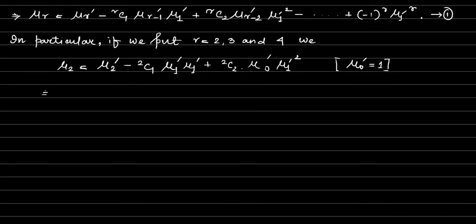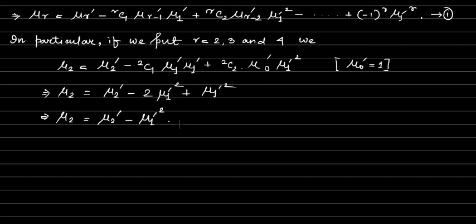So mu 2 equals mu 2 dash minus 2 mu 1 dash square plus mu 1 dash square. So this implies mu 2 is equal to mu 2 dash minus mu 1 dash square. This is the result between the moments when r is equal to 2.